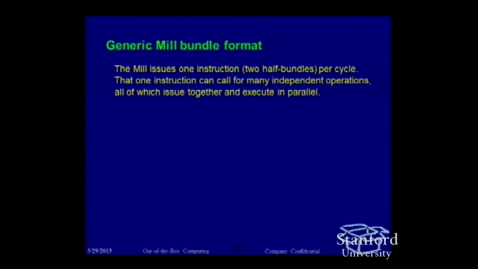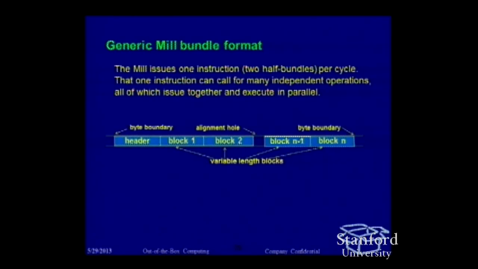There can be a large number of independent operations, a grand total of 33 on that gold that I showed you. But they all issue together. We are an in-order, statically scheduled machine, like a VLIW in this respect, and they execute in parallel.